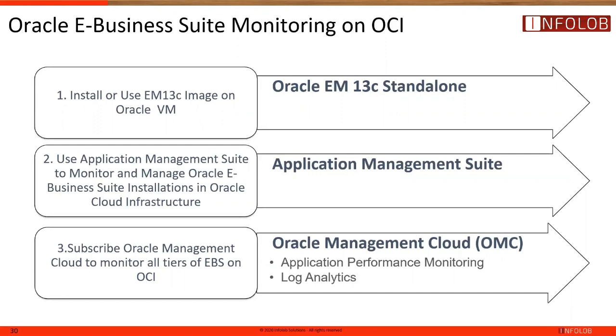So you just need to subscribe to the service and keep paying the subscription. All underlying infrastructure is complementary, and you don't need to manage any infrastructure such as the underlying storage. They can start with the 13C and start transitioning to OMC as they are ready to adopt the cloud subscriptions.